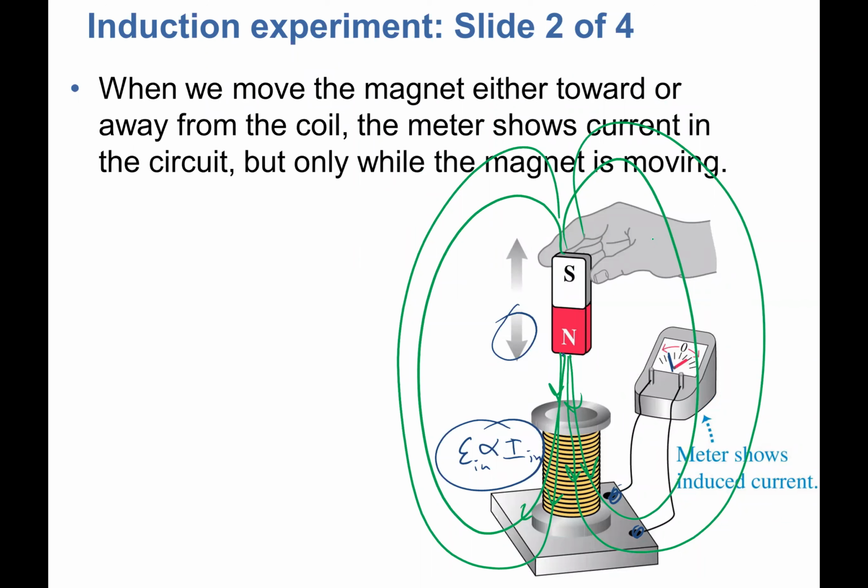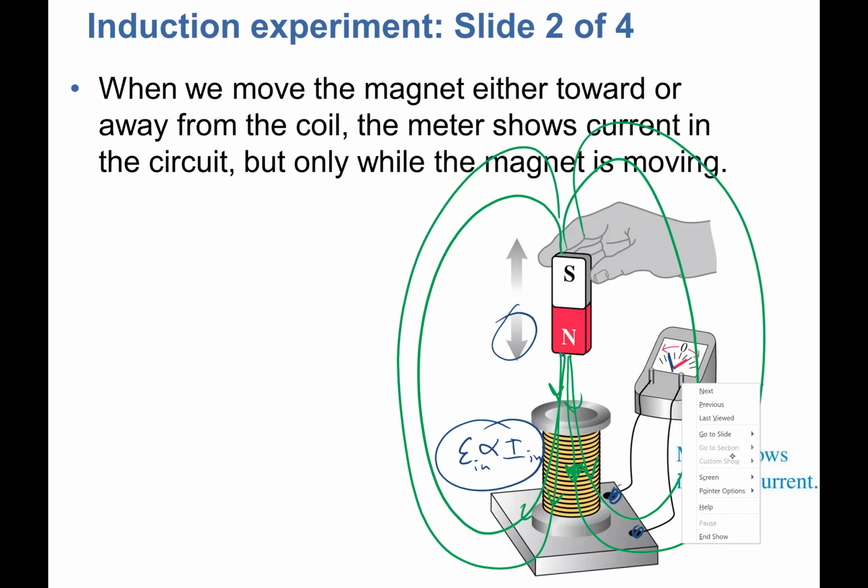When you move the magnet relative to that coil, you can see you're moving the magnet closer and closer to the coil. That means, let's say I'm finding the magnetic field somewhere at the center of the coil. All right, so let's use this color.